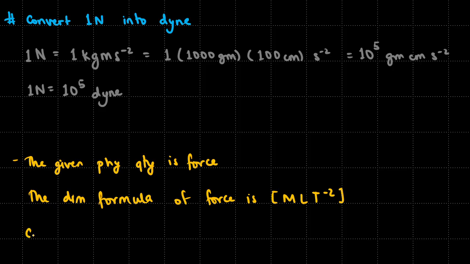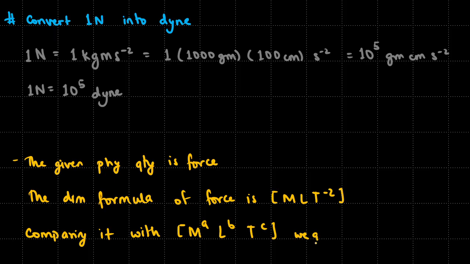So now comparing it with M to the power a, L to the power b, T to the power c, we get a is equals to 1, b is equals to 1, and c is equals to minus 2.